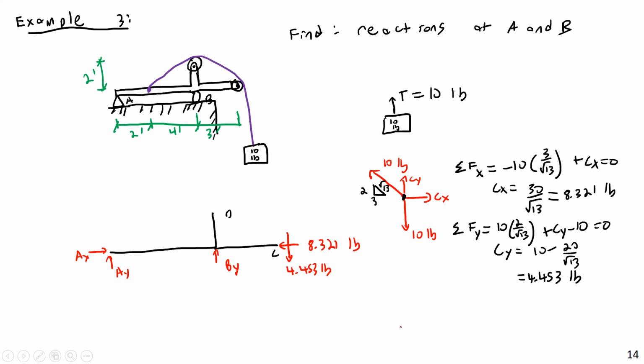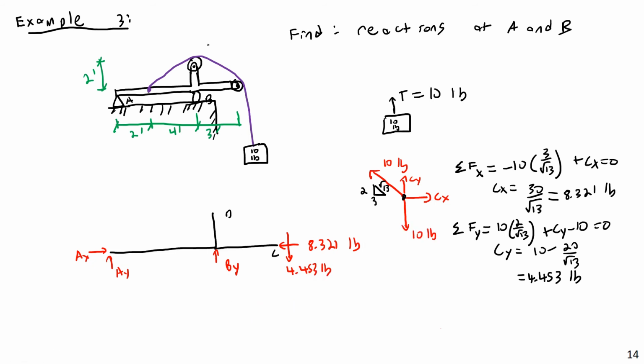Next, I want to do the same thing for the top pulley, and I'm going to isolate just that piece of rope where it meets the top pulley. Okay, so let's go ahead and isolate. I'm just isolating this piece of rope here.